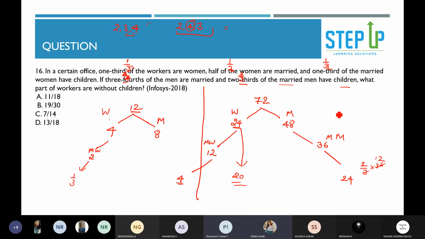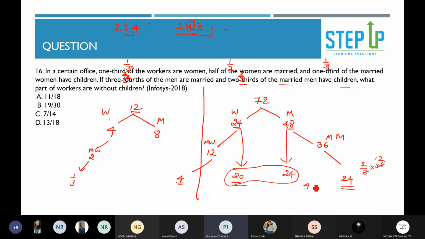Out of 48, if 24 have children, it means that the remaining 24 have no children. So 20 plus 24. What part of the workers?